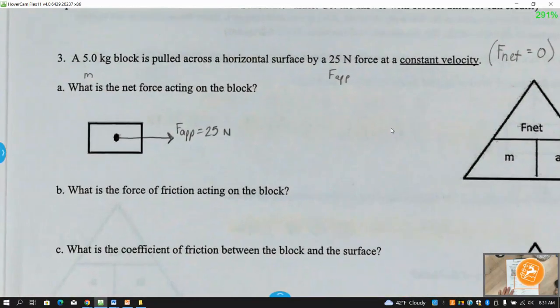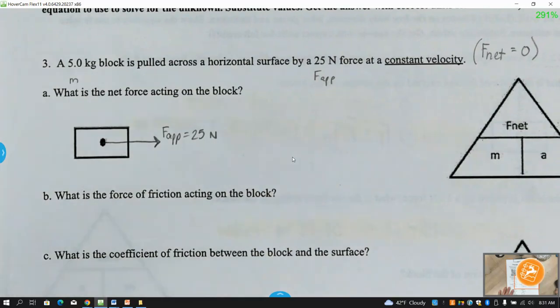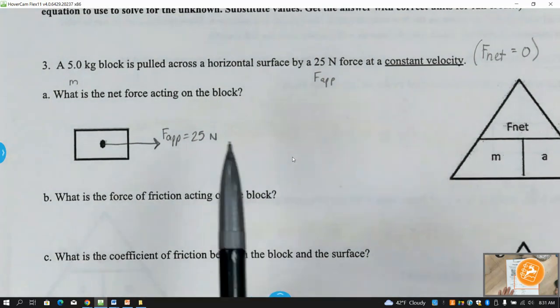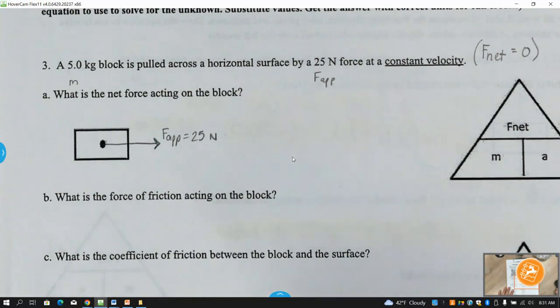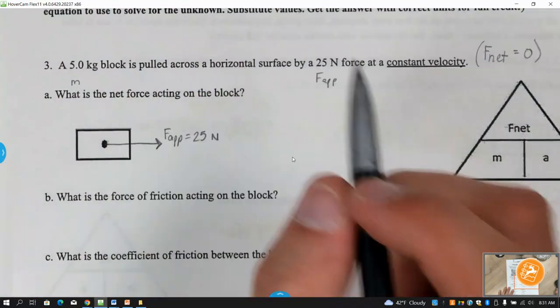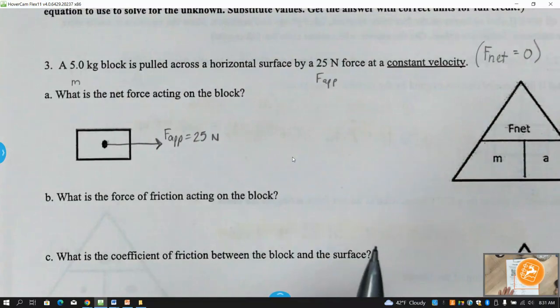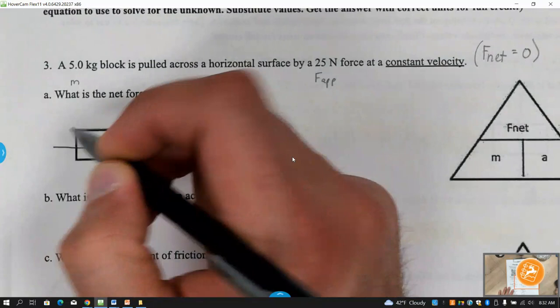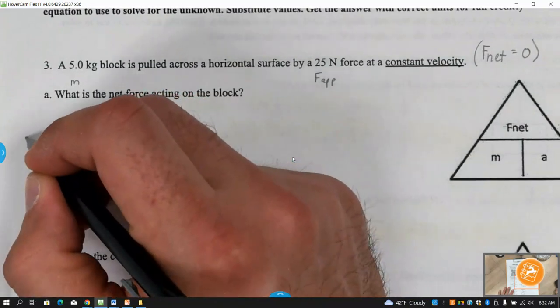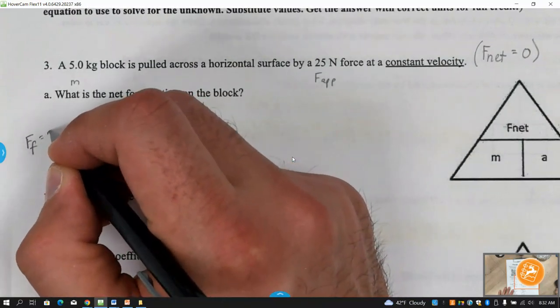Okay, guys, when you see something is constant velocity, that means the net force is equal to 0. So let me ask you guys right now, if I have a force going to the right at 25 and the net force needs to be 0, does there need to be a force going to the left? Yes. And what size would that force need to be? Equal to this. So it would be 25 going to the left. And that would be our friction force.